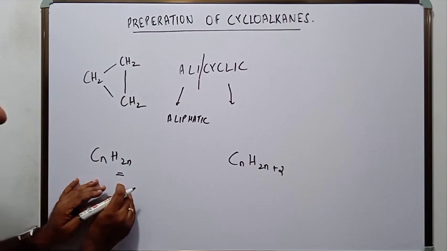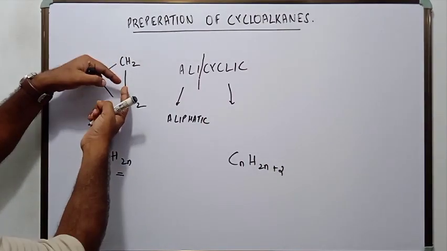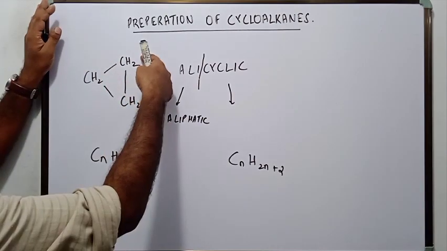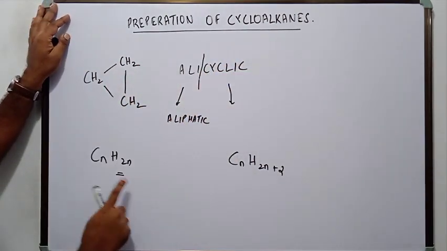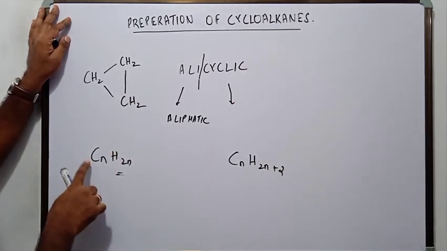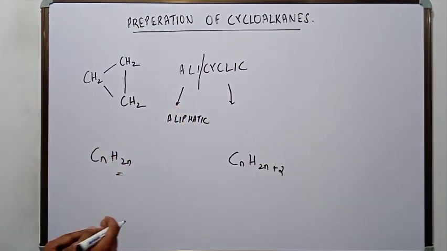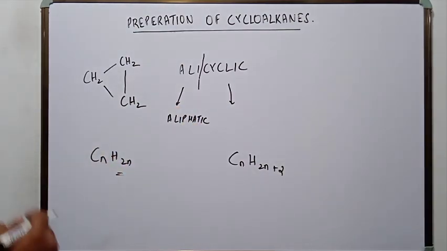And why are these 2 hydrogen atoms less? That is because the terminal carbon atoms have joined to each other through a single bond, eliminating 2 hydrogen. That is why the general formula is CnH2n. Exactly how these 2 hydrogen atoms are eliminated, we will see in preparations.